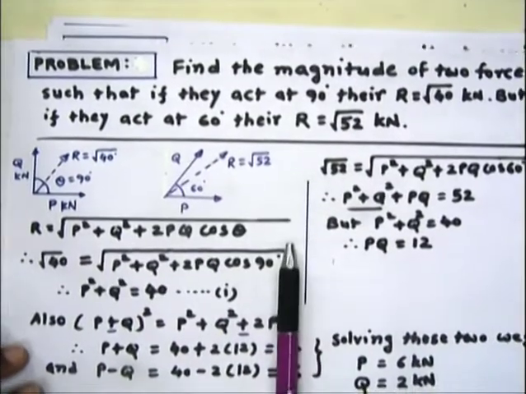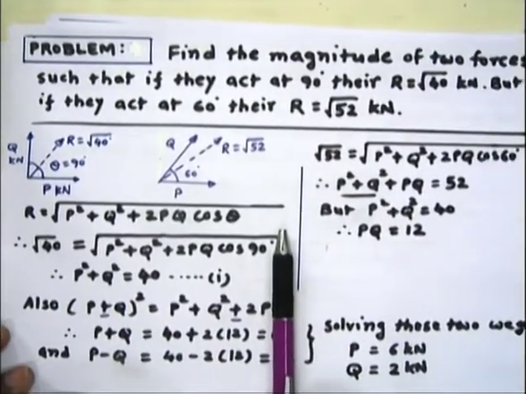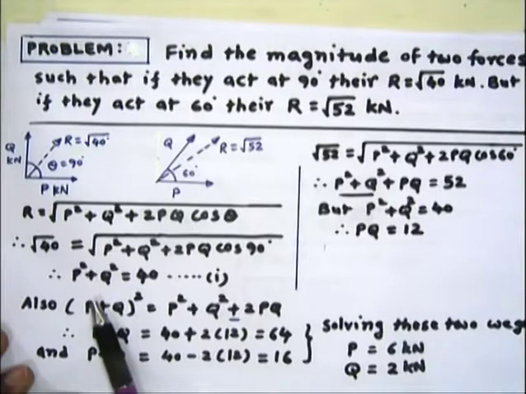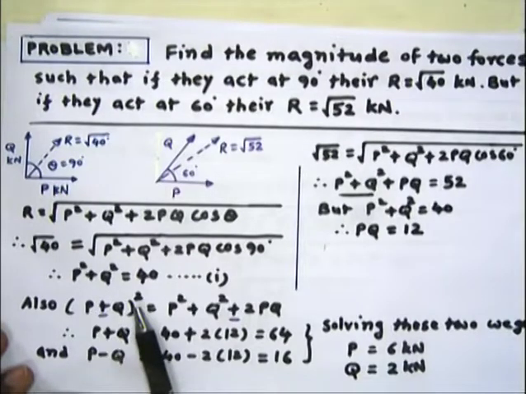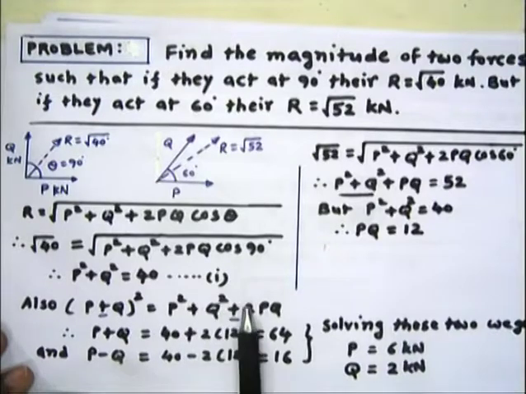So PQ from the second case we are getting 12. Then by using this clue, the square of P plus Q is given by P square plus Q square plus 2PQ.